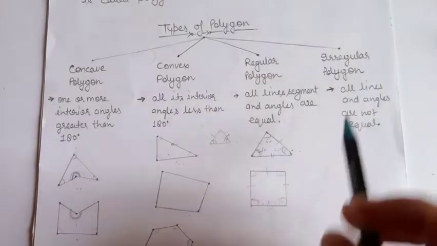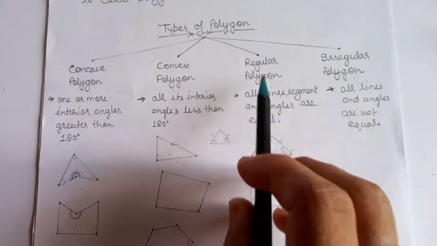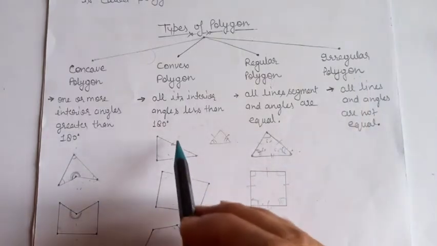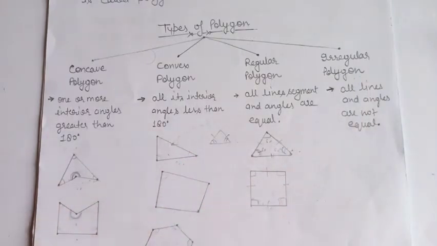And last, an irregular polygon is just the opposite of a regular polygon, meaning all lines and angles are not equal. So these are also examples of irregular polygon.